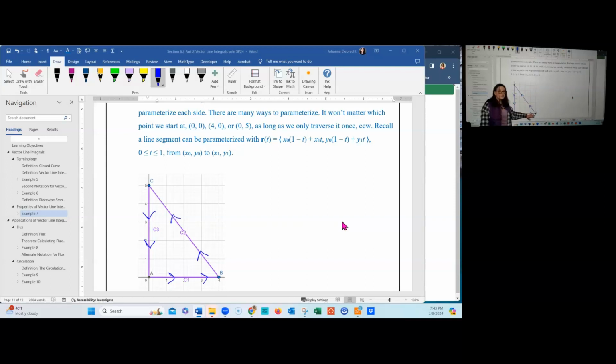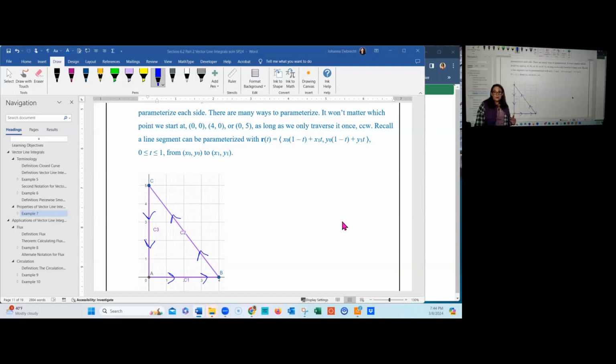As long as we stay on each line segment, the line segment itself is smooth, but it is not smooth at the joins of the line segments, at the vertices. It doesn't really matter which point we start at, 0, 0, 4, 0, or 0, 5, as long as we go around the triangle exactly one time, in a counterclockwise direction.